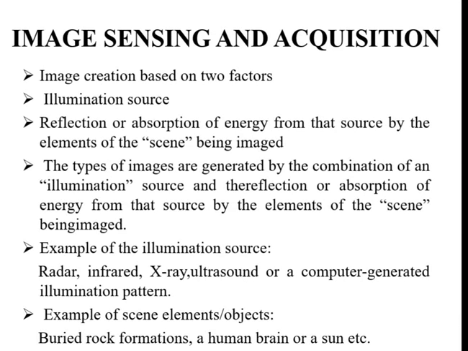Examples of the illumination source are radar, infrared, X-ray, ultrasound or a computer-generated illumination pattern. Examples of scene elements or objects are buried rock formations, a human brain or the sun.